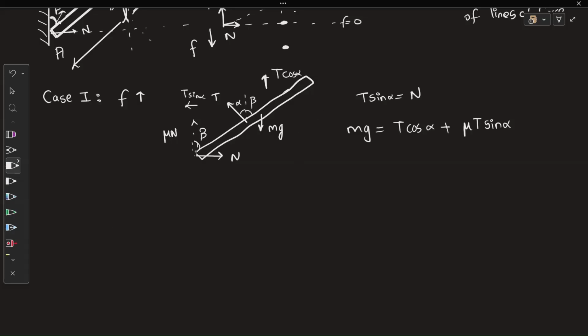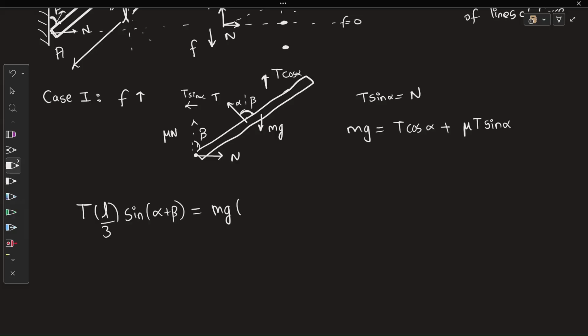Now for rotational equilibrium, let's take this point as the axis of rotation. Now the torque produced, whole angle is alpha plus beta. So T into L by 3 into sine of alpha plus beta is equal to the counter torque produced by mg.